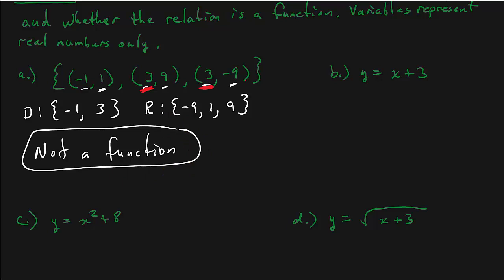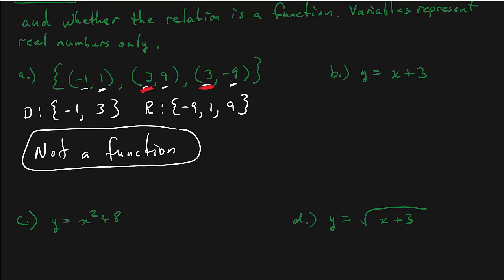All right, so what about this one? Let's look at domain and range. Remember, the domain is all the numbers that we can plug in for x. So what we've got to do is see what all numbers can I plug in for x.